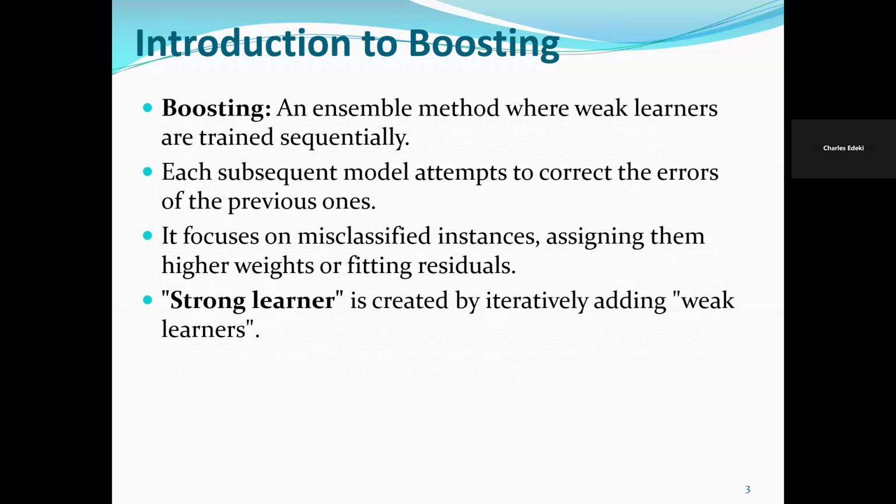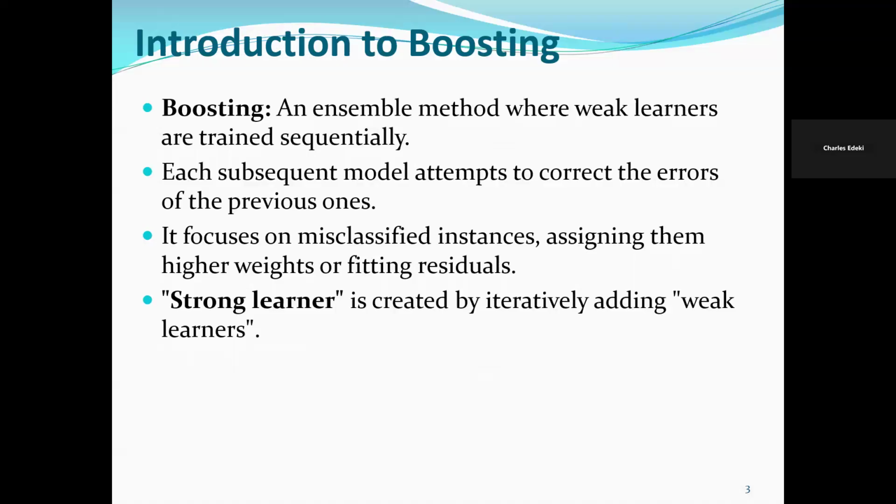Why do we mention this again? Because that's where we see the difference between bagging and boosting. In bagging, all the models are trained independently and in parallel. Model one doesn't have to know how model two did in order to improve. No, in bagging, that's not the case.